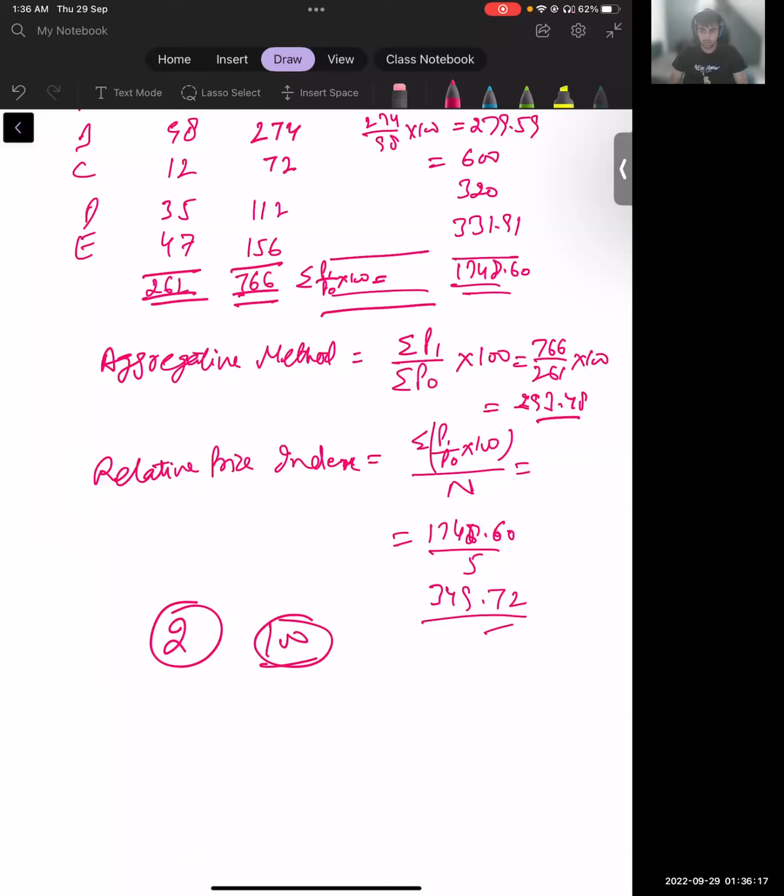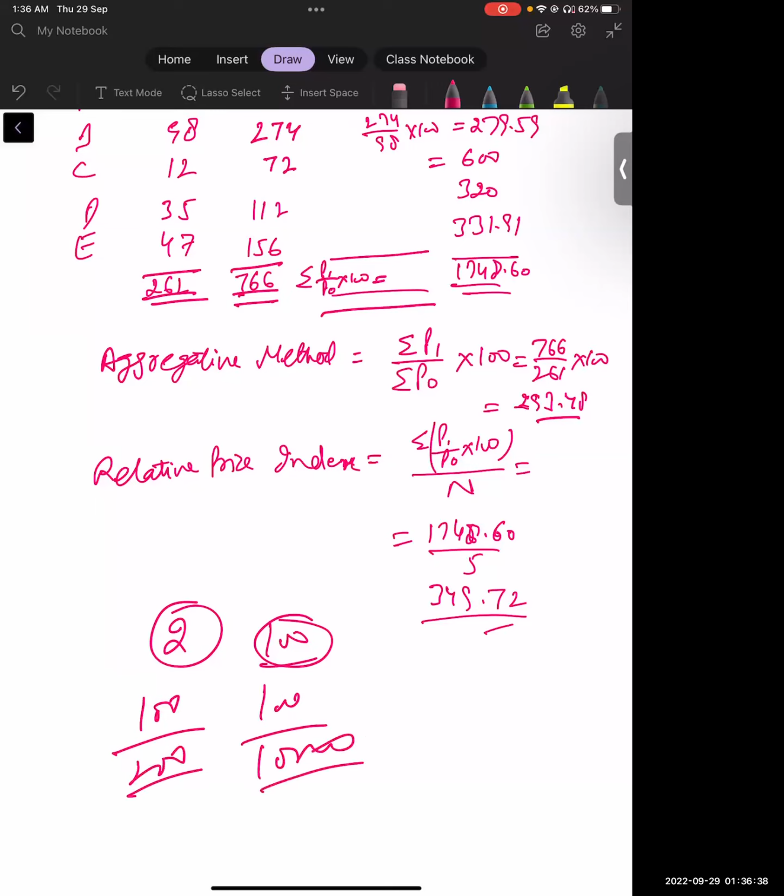It will be a matter of concern for you if you are buying it regularly in bulk. Suppose you are buying 100 items. Then it will make a difference. Earlier you were spending 200, now you're spending 10,000. The matter of concern is there.